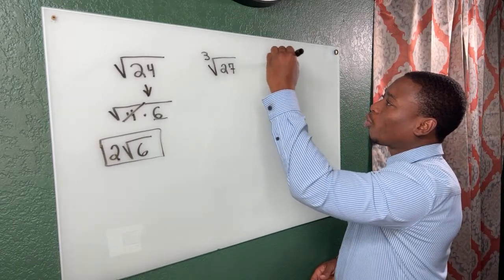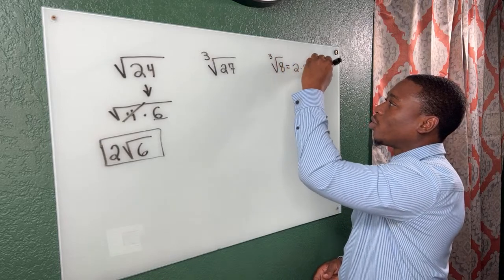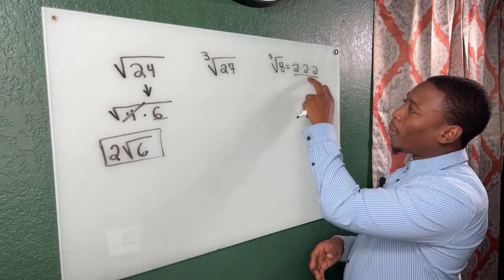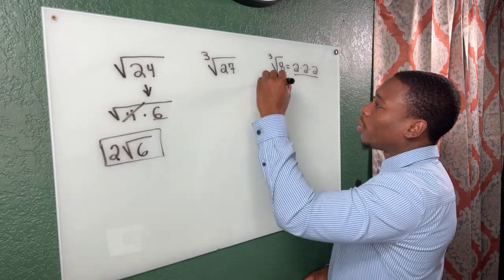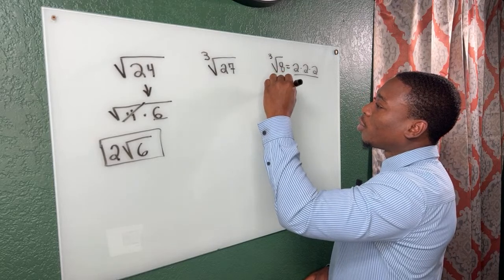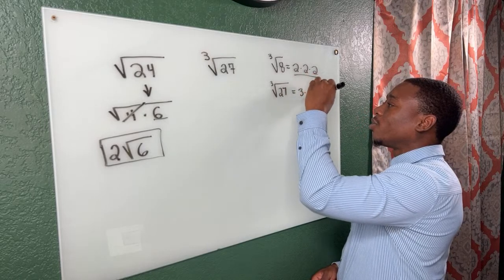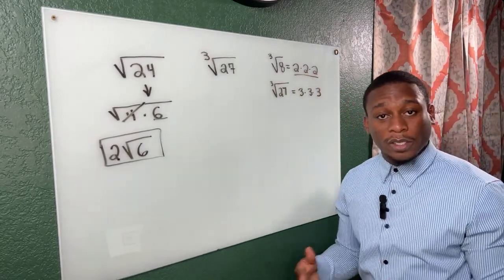So we have the cube root of 8, which is equal to 2 times 2 times 2. As you see, with cube roots, you multiply one number by itself twice. Now the next perfect cube is going to be 27, which is equal to 3 times 3 times 3. So cube root of 8 is 2, cube root of 27 is 3.